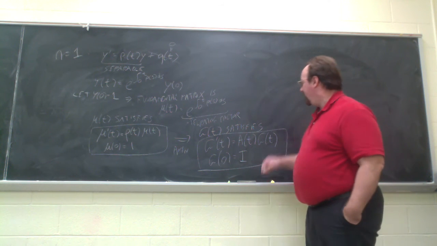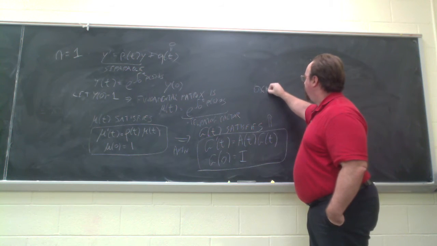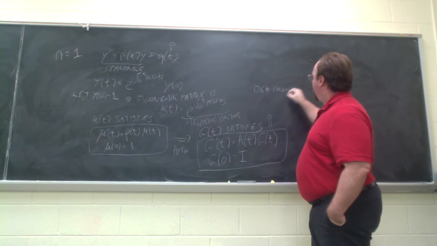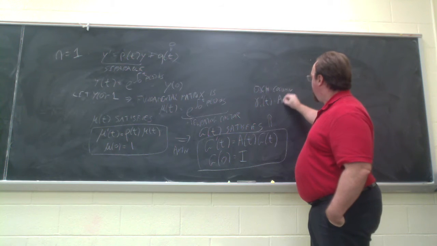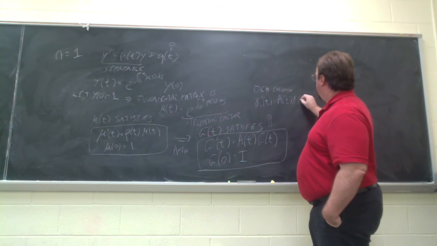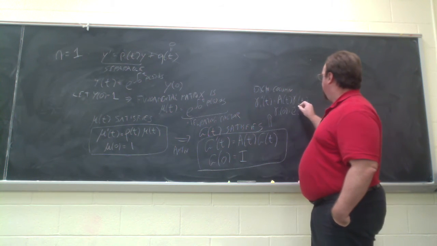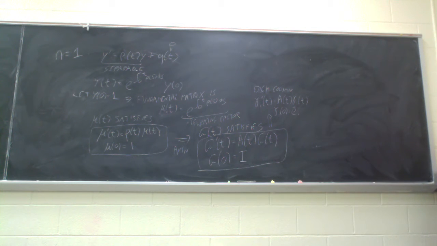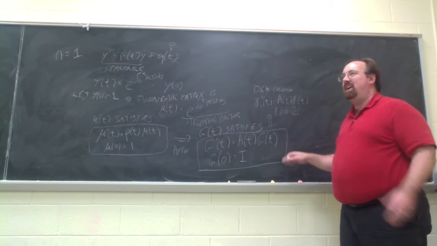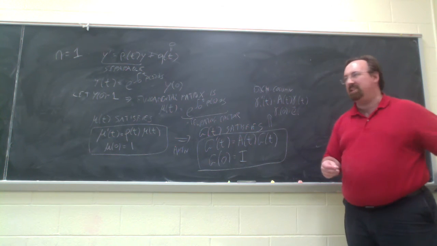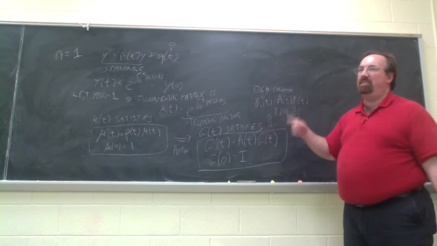So each column, okay, I guess in an informal way I am doing the proof, but each column's equation is gamma i prime is equal to A of t gamma i, and gamma i of 0 is the ith column of the identity. So really the proof just works in terms of properties of matrix multiplication and what happens when you look at a matrix product one column at a time, and out pops this, but this is the definition of a fundamental matrix.